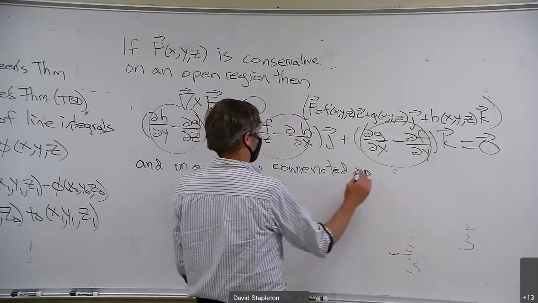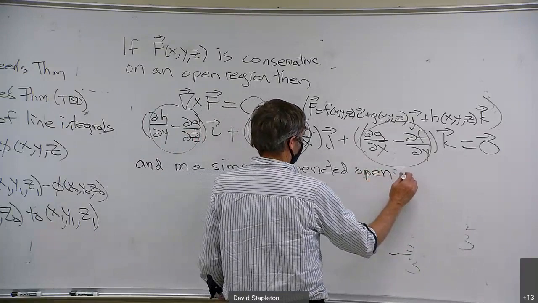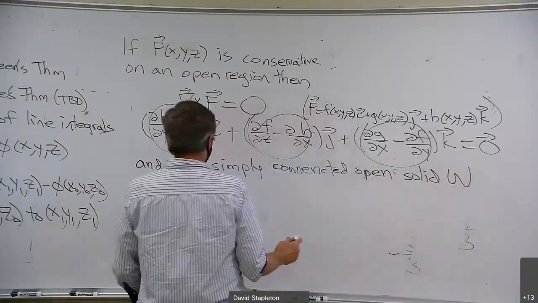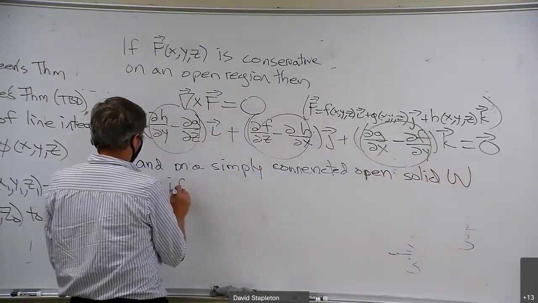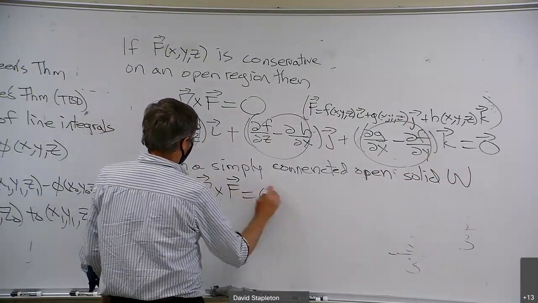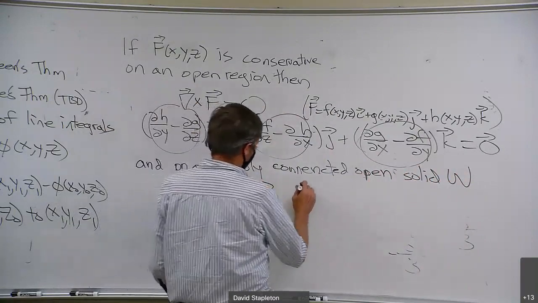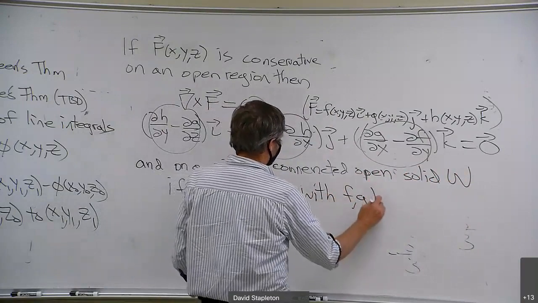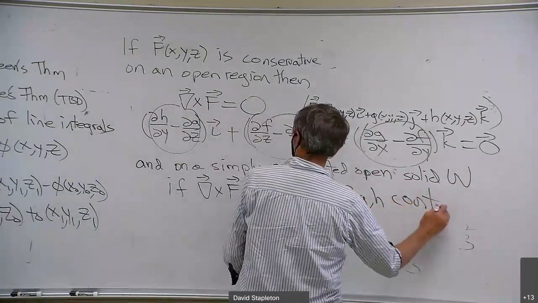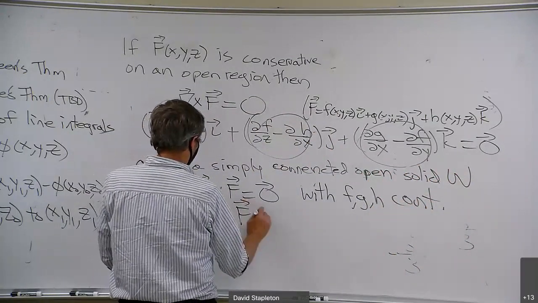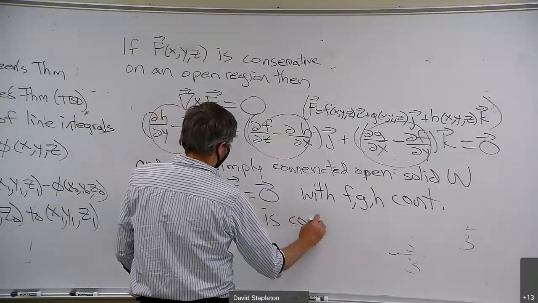And on a simply connected open solid W, if curl of F is 0, with F having continuous components f, g, h, then F is conservative.